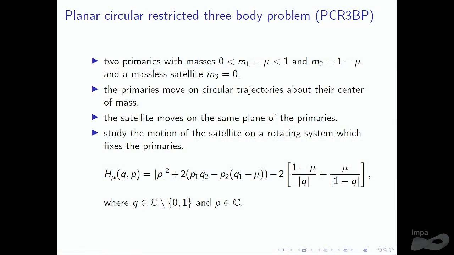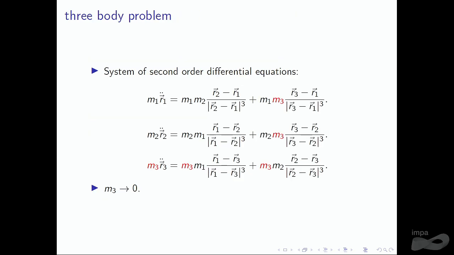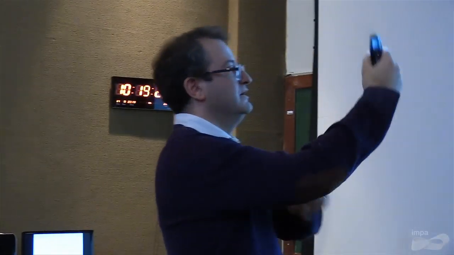But we still have a problem because this is a time-dependent Hamiltonian system, and it's possible to eliminate the dependence on time. How? We just take a system of coordinates. Let's say we have the two bodies rotating, and we put the origin of our system above one of these primaries, for instance, and it rotates with the same angular velocity as these two bodies.